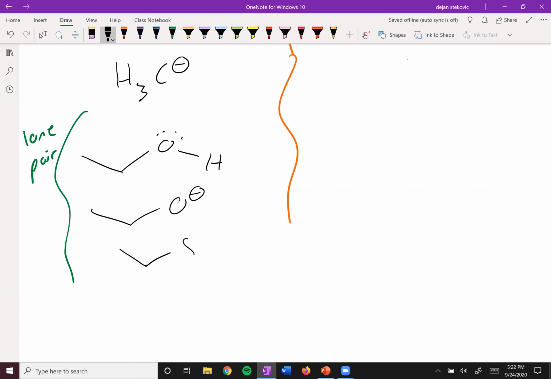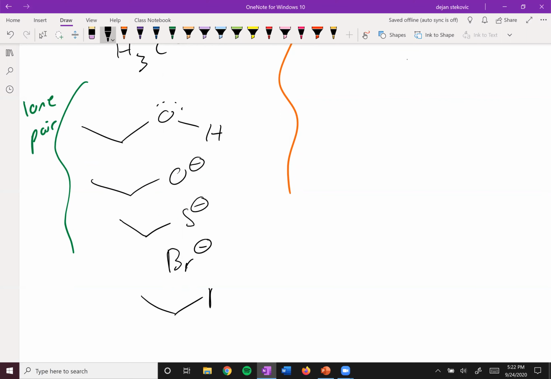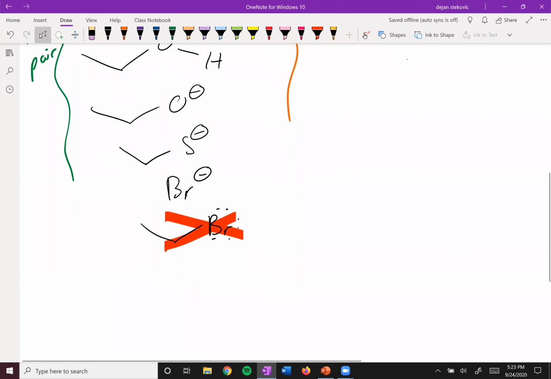It doesn't just have to be oxygen, could be other atoms such as sulfur, or maybe a halogen like a bromide. Remember, halogens don't form more than one bond. So if you see something that's like this, even though it has lone pairs, it's not really nucleophilic. It's only nucleophilic when it's by itself because, again, halogens form one bond.